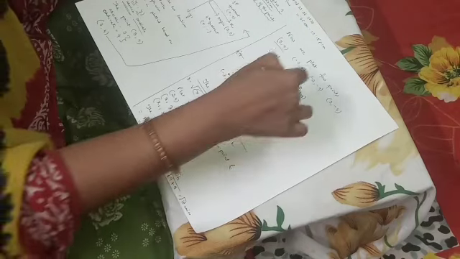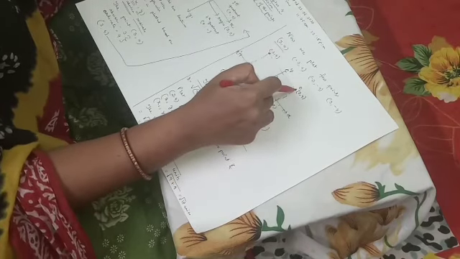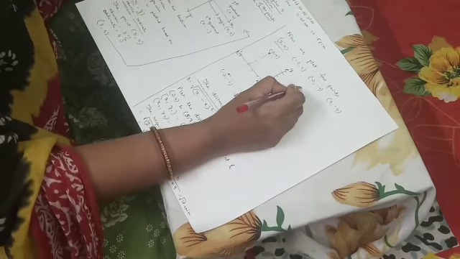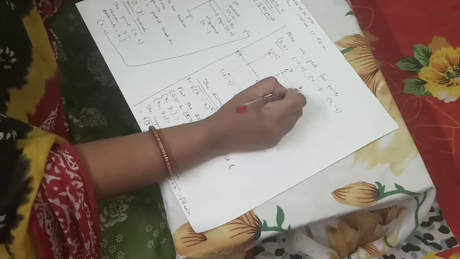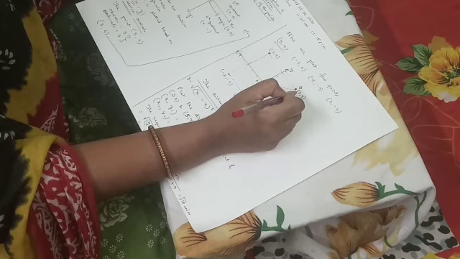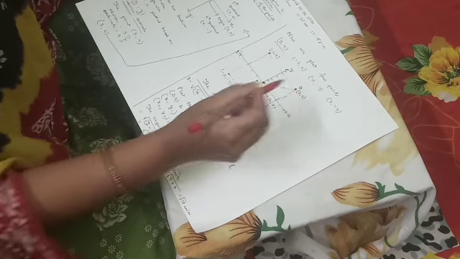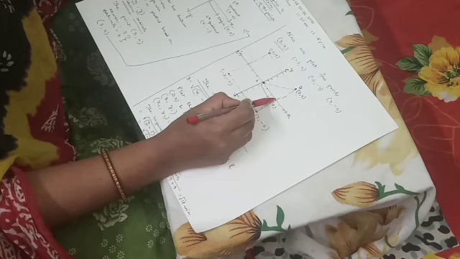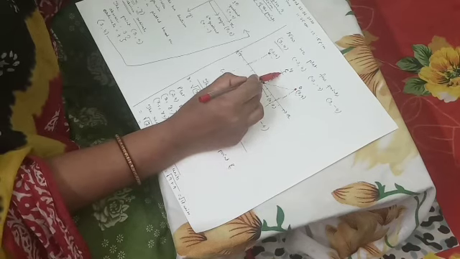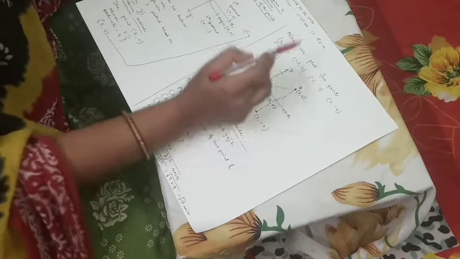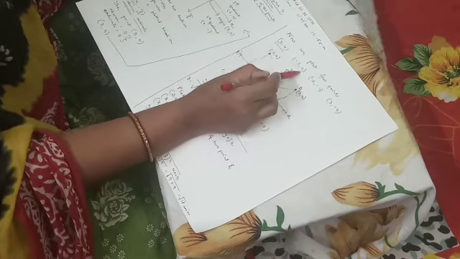And the required point is this, B. So what will be the location of the point? 3, 4. What is abscissa? 3. Ordinate? 4. Remember?